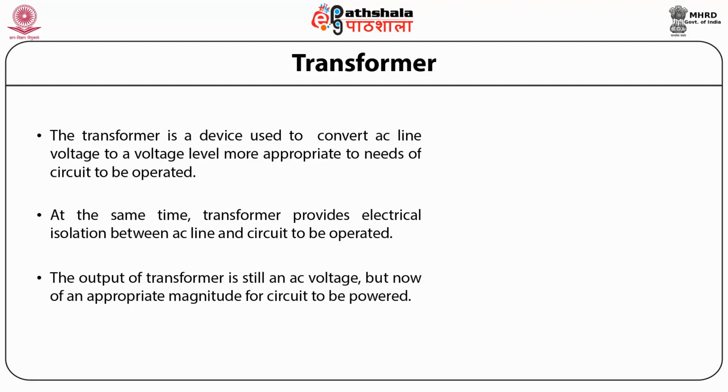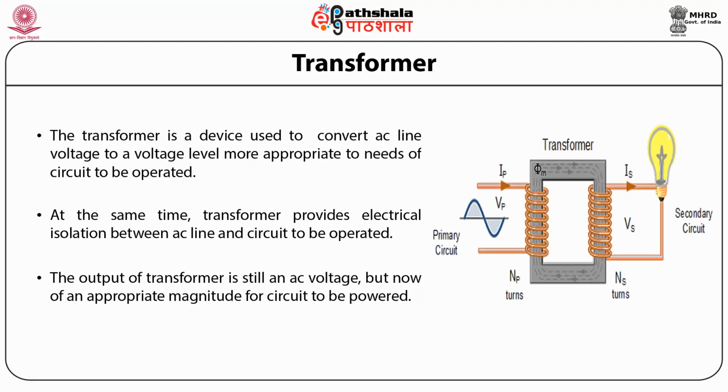So the output of a transformer is still an AC voltage, but now of an appropriate magnitude for the circuit to be powered. This figure shows a transformer where we have a primary circuit and a secondary circuit.